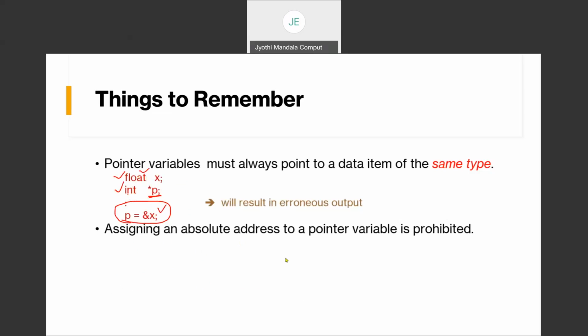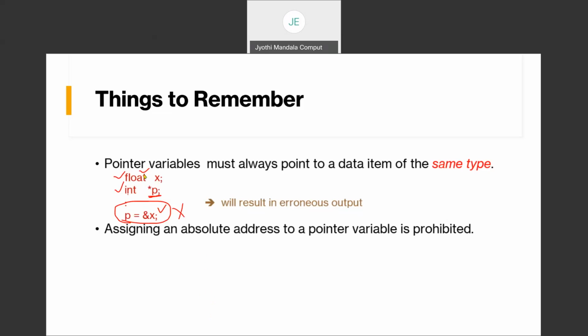Are you observing here? We are trying to store a float variable's address into an integer pointer variable. So this is completely an error statement. We should not write like this. Whenever you try to do this, you will get an error.